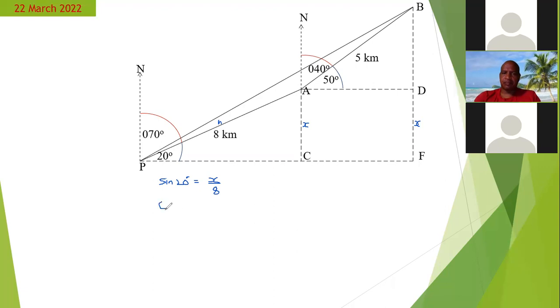And then sine 20 would be 0.342. Let me see if I can really draw this thing, guys.